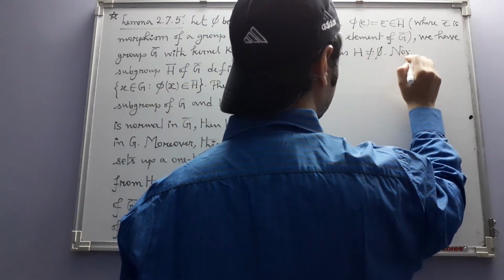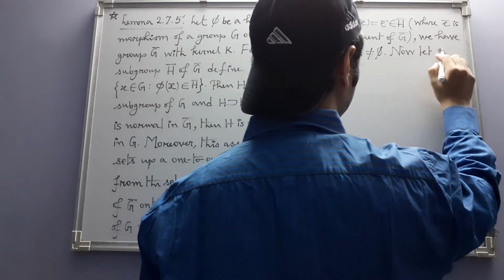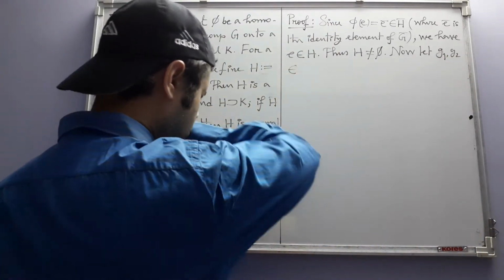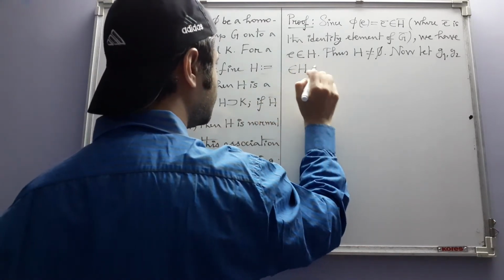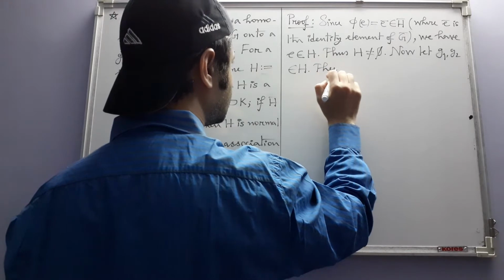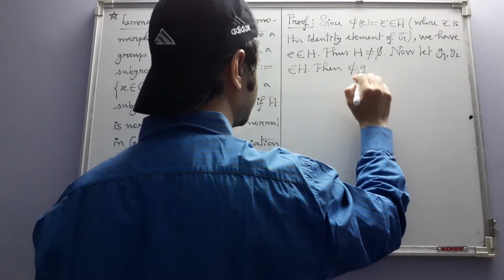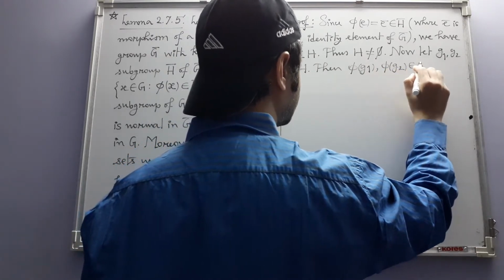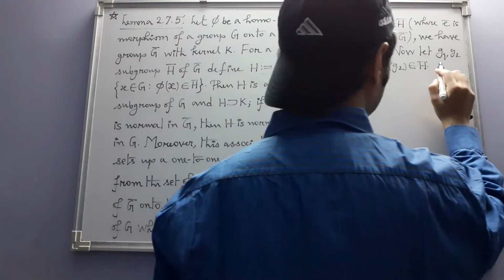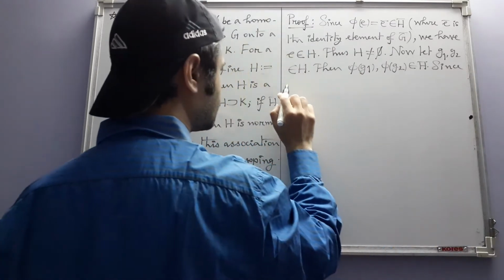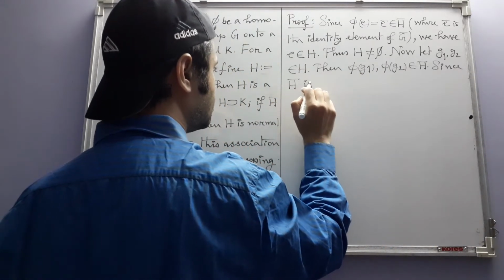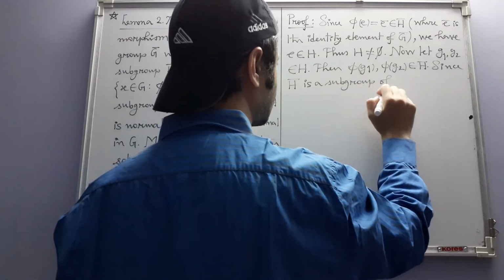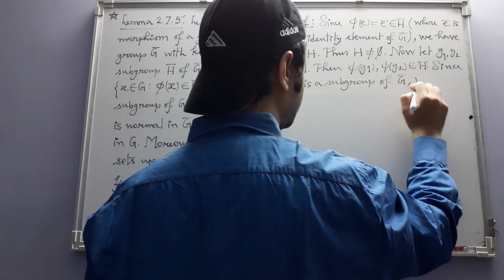Now let G1 and G2 be two elements in H. Then by definition their phi images will be elements in H bar, since H bar is a subgroup of G bar.